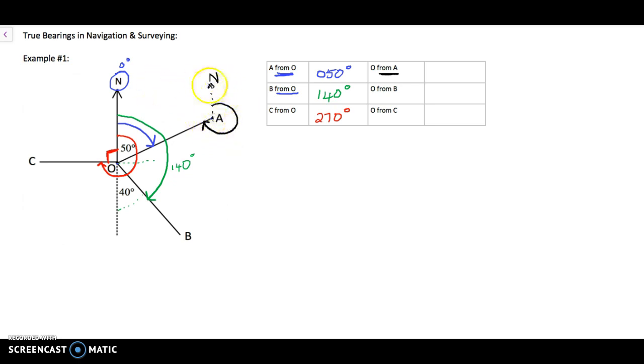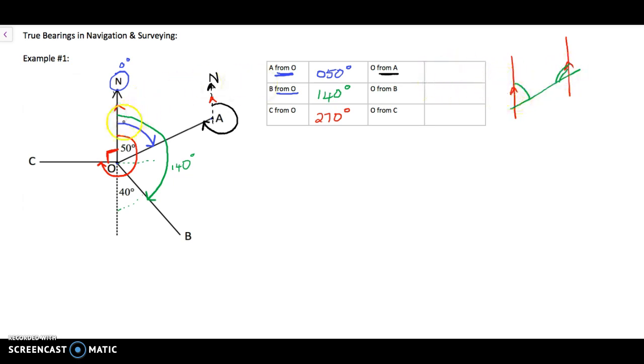Well, the lovely thing about putting in these north points is we've got two essentially parallel lines. I'll draw an example to the right. We've got a transversal, which is our O to A, and the angles inside here are co-interior, so they add to 180.